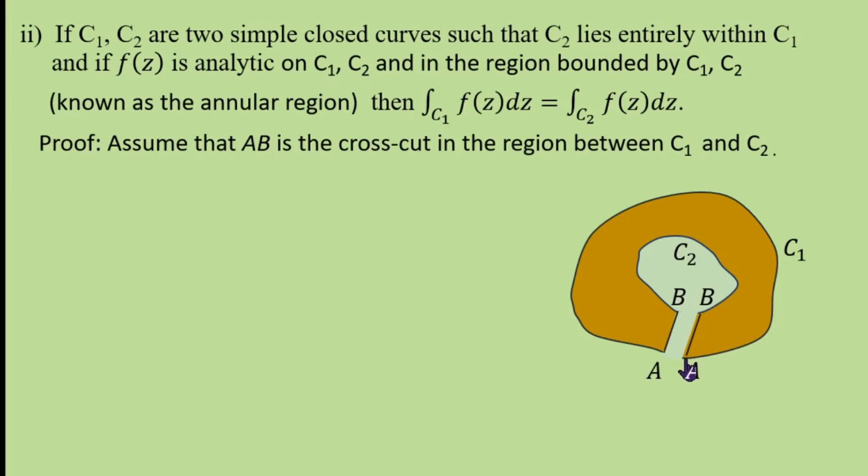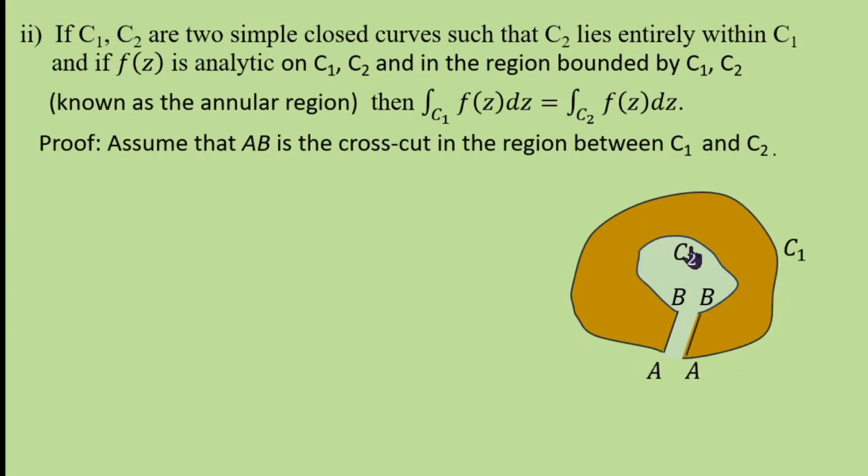How to consider that? C is the curve from A to A along C1, so this is anti-clockwise, therefore I am going to consider it as positive. And from A to B, and then from B to B along C2 in clockwise direction, and then from B to A. So totally it becomes a closed curve.